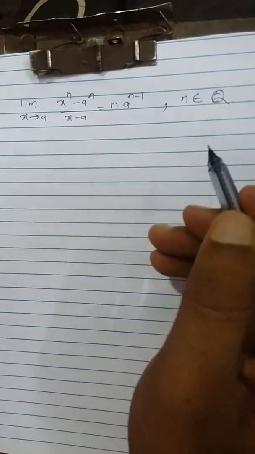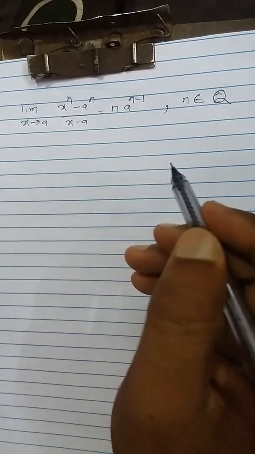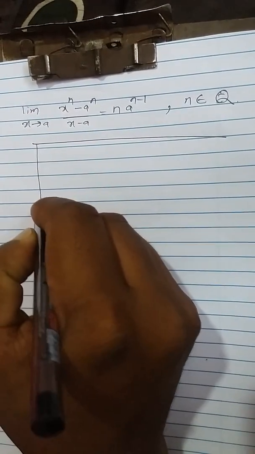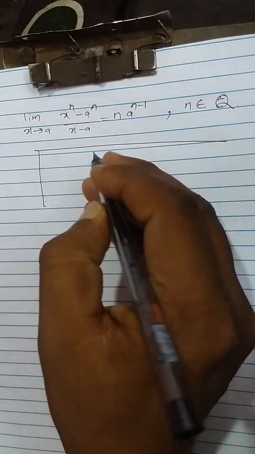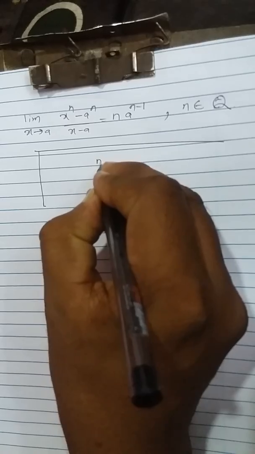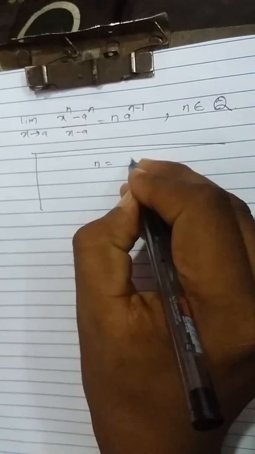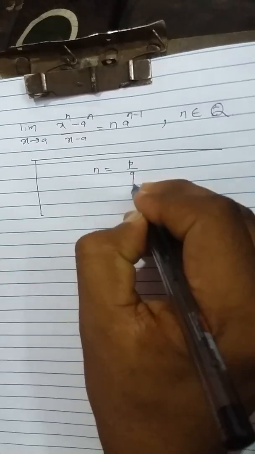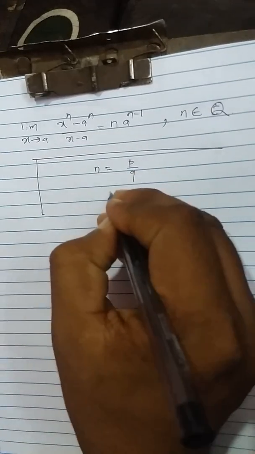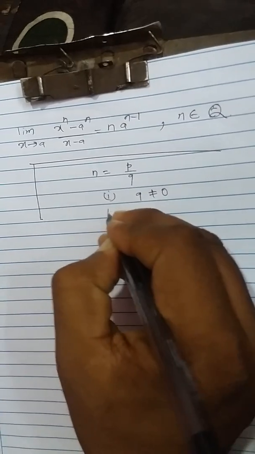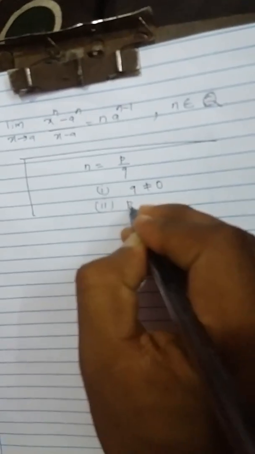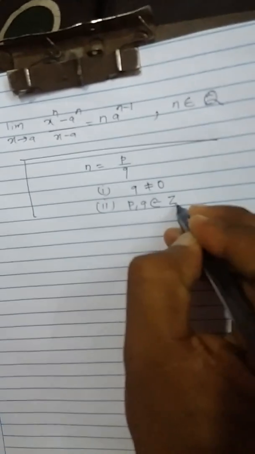To establish this result, we will have to discuss two or three important things. First thing is, what is a rational number? N is a rational number means n can be written in the form p upon q satisfying two conditions. First condition, q is not equal to 0, and second condition, p and q both are integers.